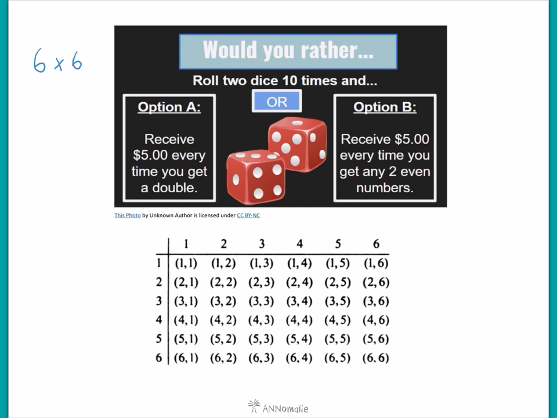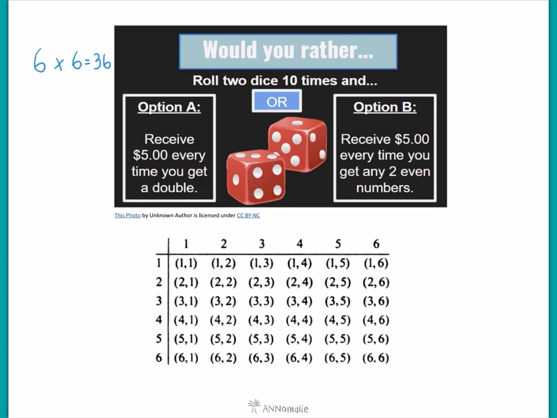The total number of outcomes is 36. And here you can clearly see that if the one die is a 1 and the other one is a 1, we get 1 and 1. And likewise, if the one die is a 1 and the second one a 2, we get 1 and 2.